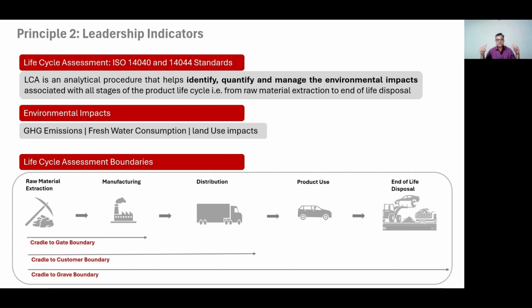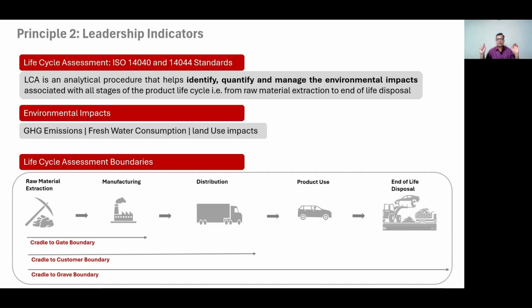The next point is if the company does a life cycle assessment from cradle to grave boundary, it means it does assessment from raw material extraction up to the end of life disposal. At each stage, it identifies and can quantify the environmental impact because of this product.